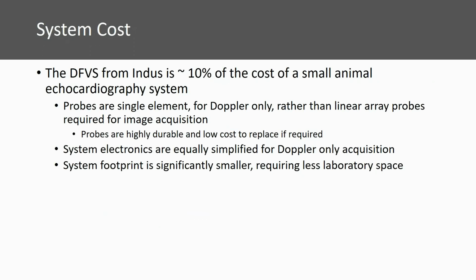The Doppler probes are highly durable and low in cost if they need to be replaced. The electronics of the Doppler system is also far simpler, again, due to the single element which is used for the flow velocity spectrogram acquisition. And as mentioned, the footprint is much smaller, requiring less laboratory space for you to be able to set it up.